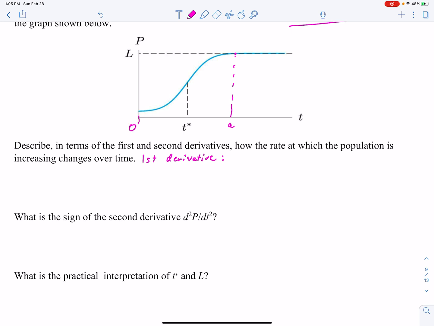From 0 to A, the function value is increasing, which means a positive slope, which means positive derivative. So we're going to say first derivative from 0 to A. This is interval notation. These are not coordinate points. This means from 0 to A.